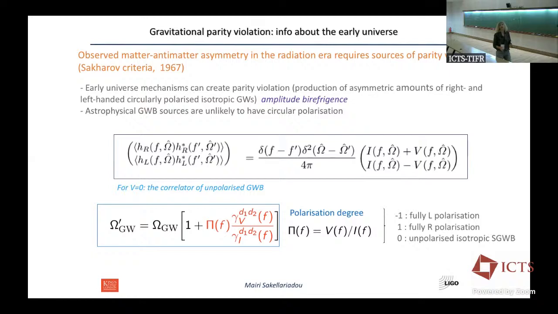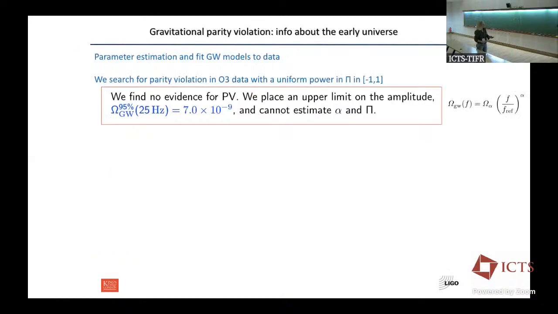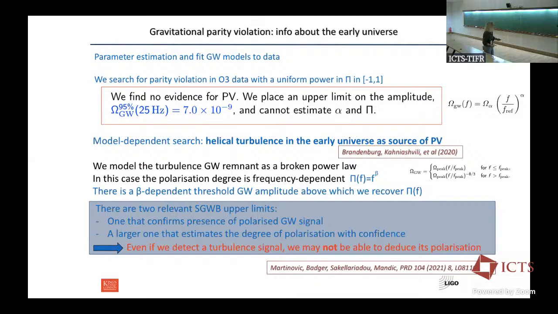We looked for that. Let me tell you how. We looked for that in the case of a power law, with a generic value for pi, and we didn't find evidence. Then we tried to see for some specific model, and the model which we considered is helical turbulence in the early universe, the model by Axel and Tina in 2020.